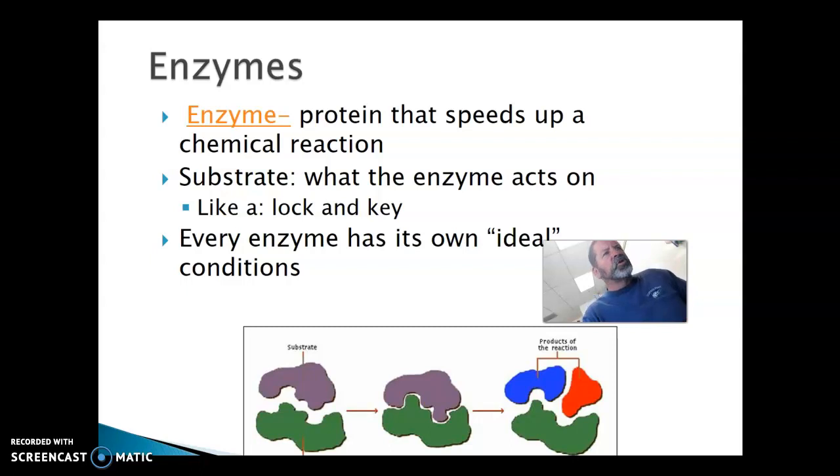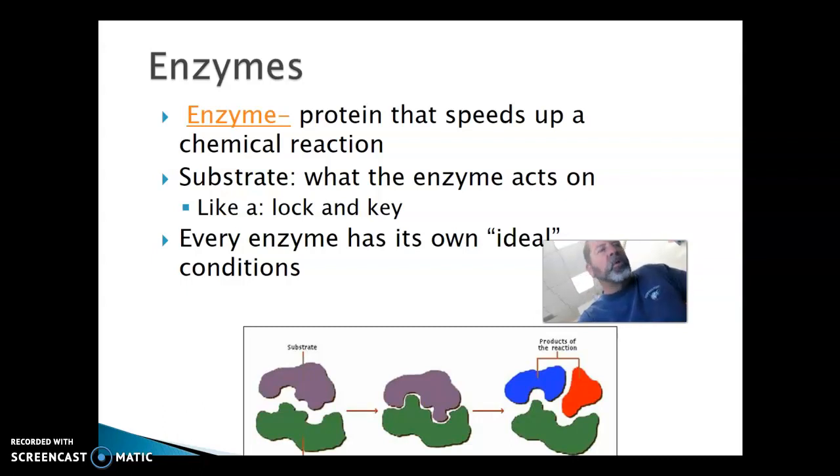We'll actually show you a demonstration using chicken liver where we use enzymes over and over again to break apart hydrogen peroxide, and then we do something to damage that chicken liver, high temperature, or bathe it in alcohol, and what that process is called is denaturing an enzyme. You change the shape. If you look at this slide, you see these puzzle pieces that all fit together nicely, the green piece being an enzyme.